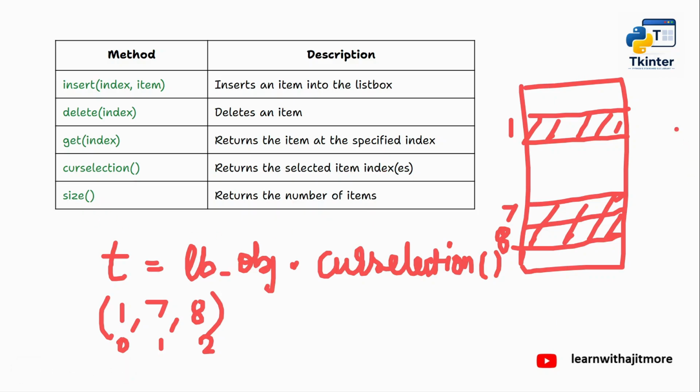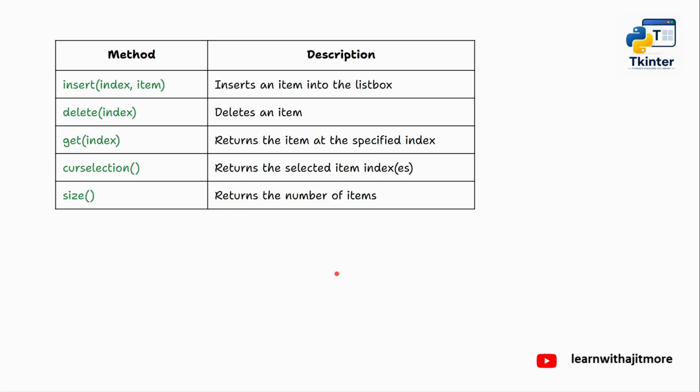And size returns how many elements are there in your list box. So in your list box, how many items are there, that count it will return. I hope these basic methods you are understanding. Insert will add the item at the given position. Delete will delete the item at the given index. Get will return the item at the given index.